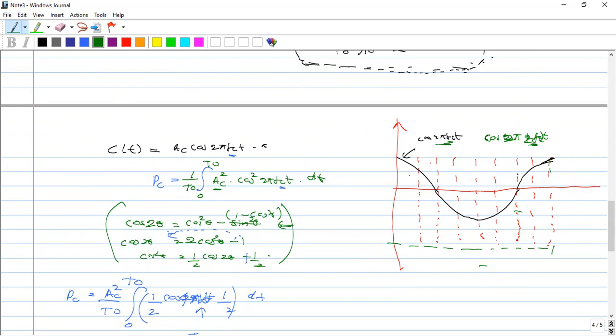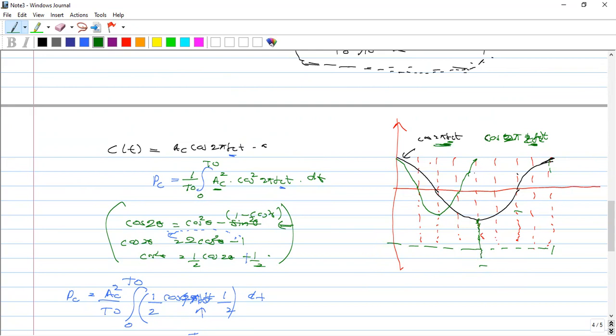So we have here like this, here like this, and here like this. This is one cycle, and it is the half of this cos 2π fc t cycle.